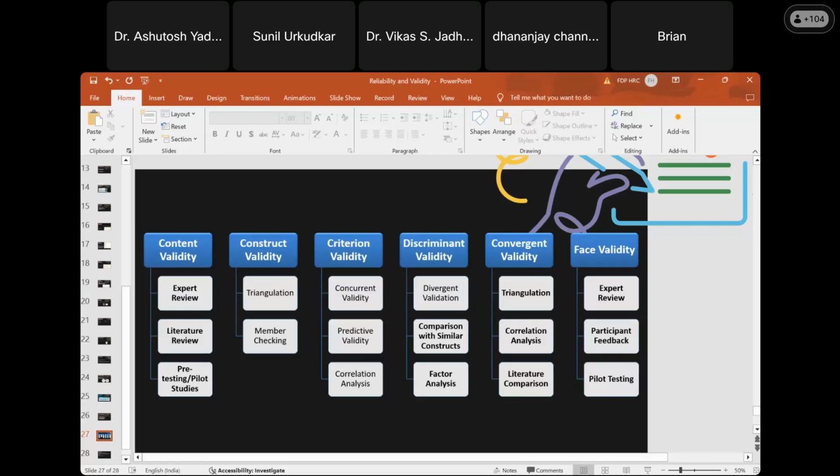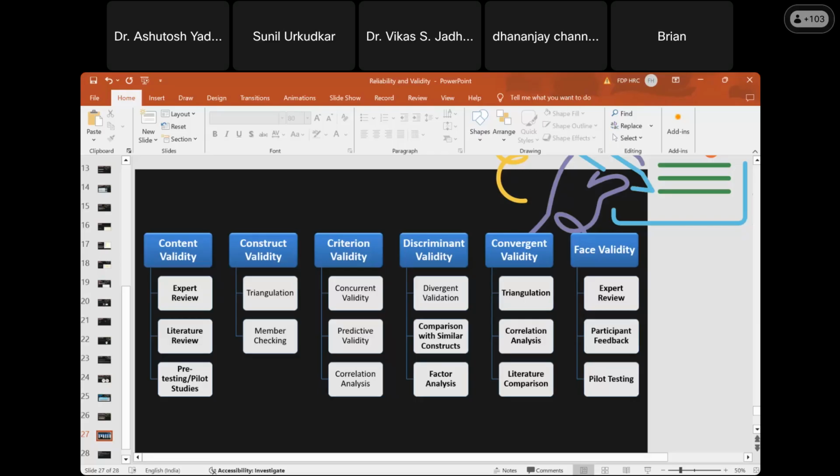You can also do member checking, basically involving participants in reviewing the findings to confirm that they accurately represent their experiences in the constructs being studied. Once you have collected and analyzed the data and have the findings, you discuss them with a few respondents and ask them to review the findings to confirm that they actually represent their experiences.